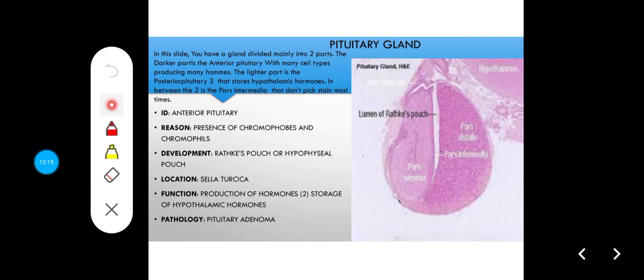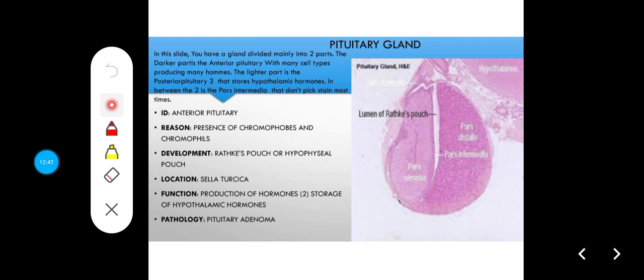The location is the sella turcica. The functions include the production, storage of hypothalamic hormones, that's for the posterior pituitary. And then the pathology involving the pituitary gland is the pituitary adenoma. There are also so many pathologies which affect the pituitary gland, but this one is one of the commonest that affects the pituitary gland.